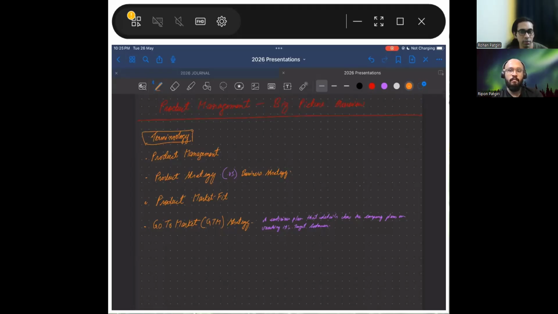The product manager is more on the business side of things, not on the engineering side of the product. Okay, so that's the overall concept of what product management is and what the product manager does.